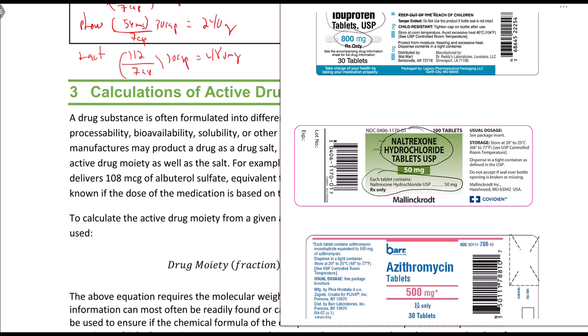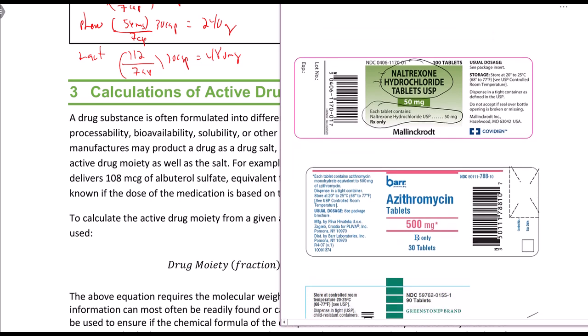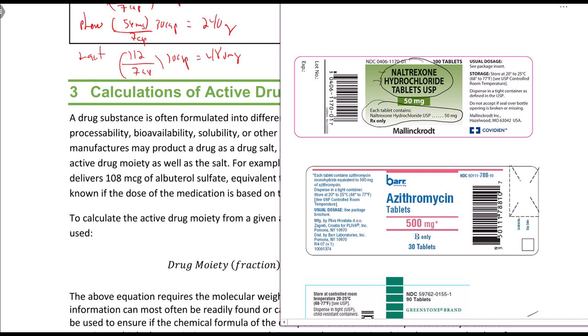It gets confusing because sometimes we use the salt, but we still base the drug on the active amount only. So for example, in this case, it says azithromycin 500 milligram tablets. Notice this little asterisk right here. That usually means that the 500 milligrams is not just azithromycin.